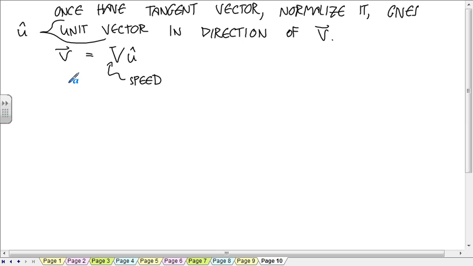U hat is the unit vector in the direction of V. So what does that exactly mean? That's the direction of the increasing parameter?